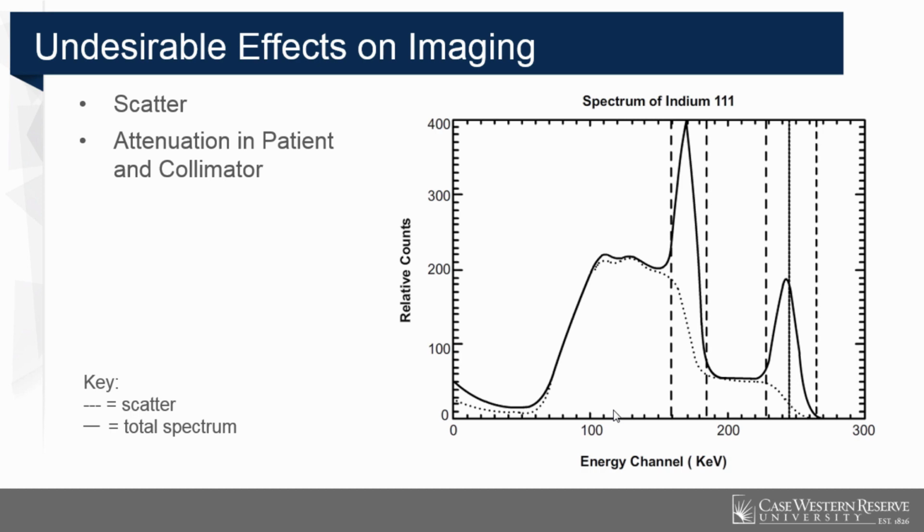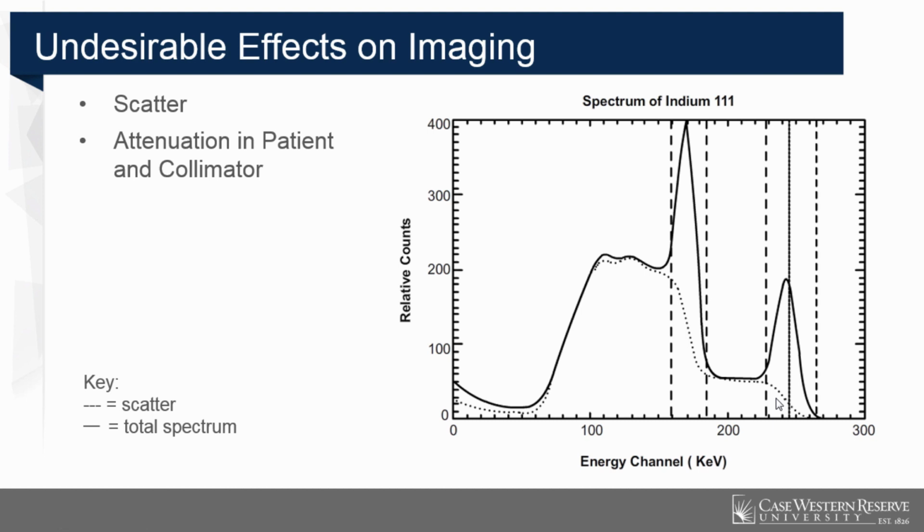So again, going back to the spectrum, right? We said we don't want these scattered photons. One way to do this is setting up energy windows. But even within the photopeak window, look at this triangle here. These are the scattered photons.